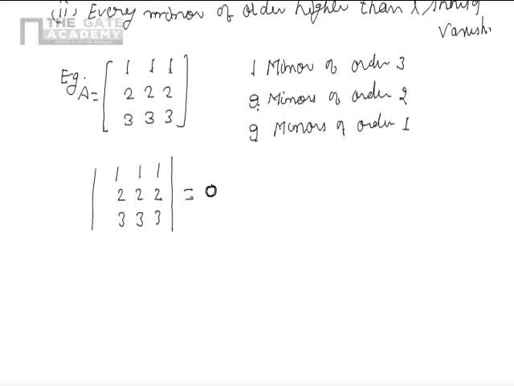Going back to the definition, it has at least one non-zero minor of order R. Since there was only one minor of order 3 and that is 0, the rank cannot be 3. Now, to proceed to the 2 by 2 order minors, I can start writing from A11. If I remove its row and column, I get 2 2 3 3.